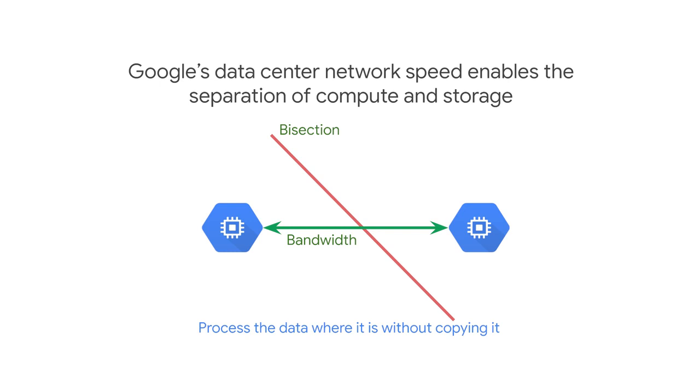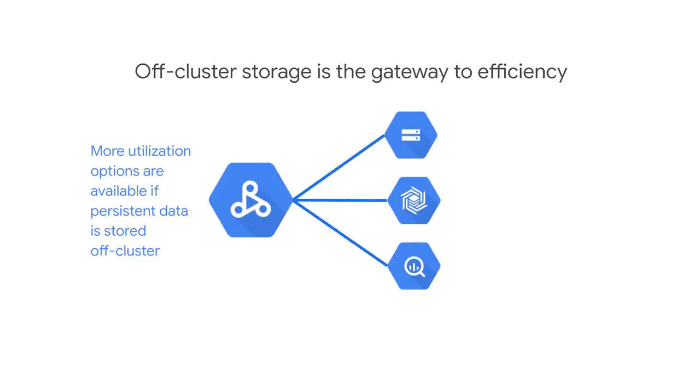With petabit bisectional bandwidth, the communication is so fast that it no longer makes sense to transfer the files and store them locally. Instead, it makes sense to use the data from where it is stored. So here's a plan. We'll use HDFS, but we'll use HDFS only on the cluster for working storage during processing.